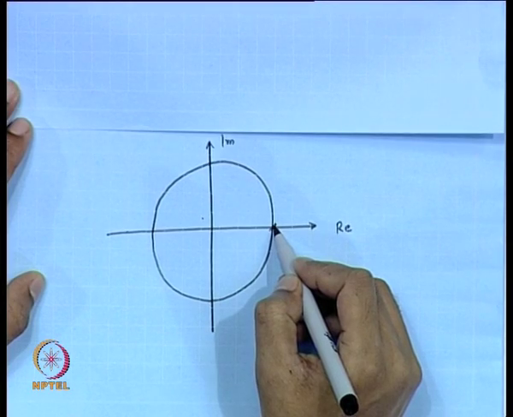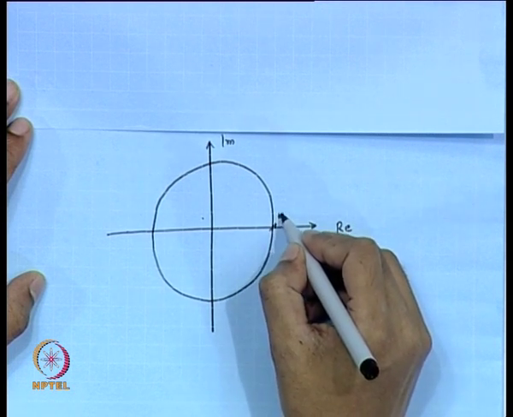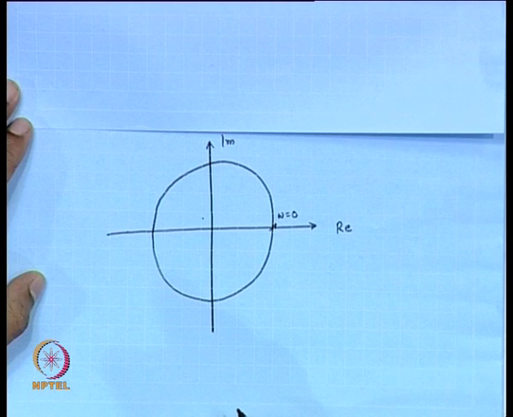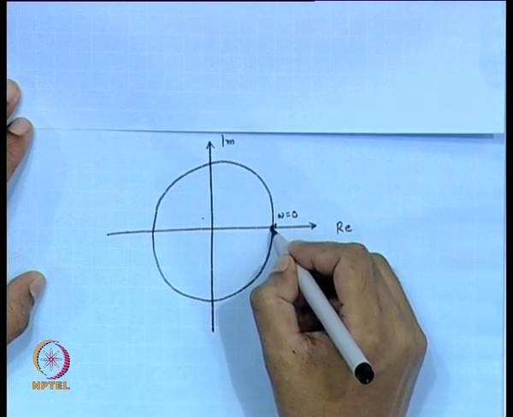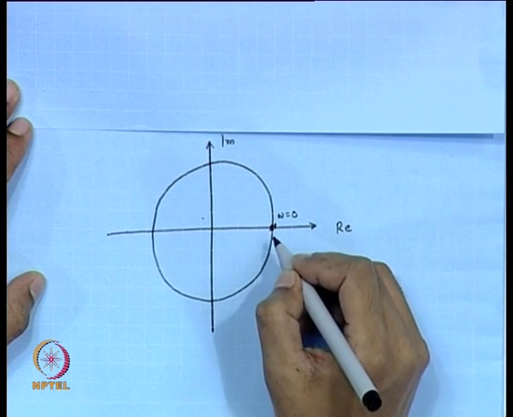Agree? When phi is equal to 0, amplitude ratio 1 and phi equal to 0 represent this point. Agree? So, we will write here when omega equal to 0, the starting point we get this one.